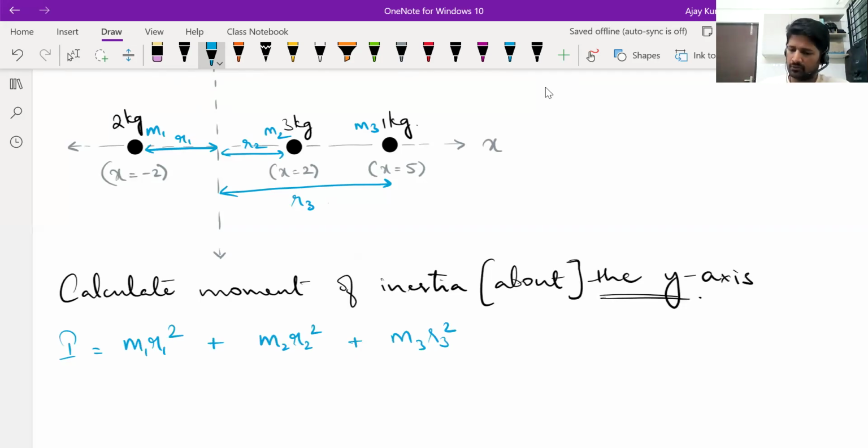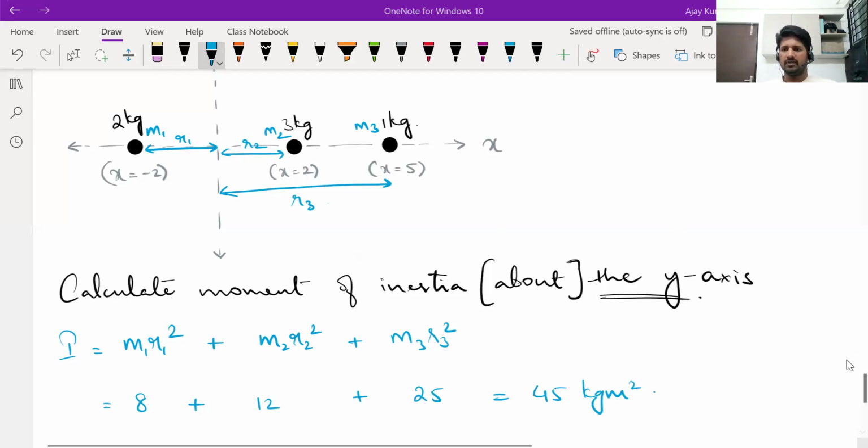M1 R1 square, 2 kg into distance R1 is 2 meters. The coordinate is -2, but the distance is 2, you square it. So 2 into 2 square, 8, plus M2 mass is 3 kg, distance is 2 meters, so 3 into 4, 12, plus M3 mass is 1 kg, distance is 5 meters, so 1 into 5 square, 25. Totally 20 plus 25 becomes 45 kg meter square. That is its moment of inertia about the axis you were asked.